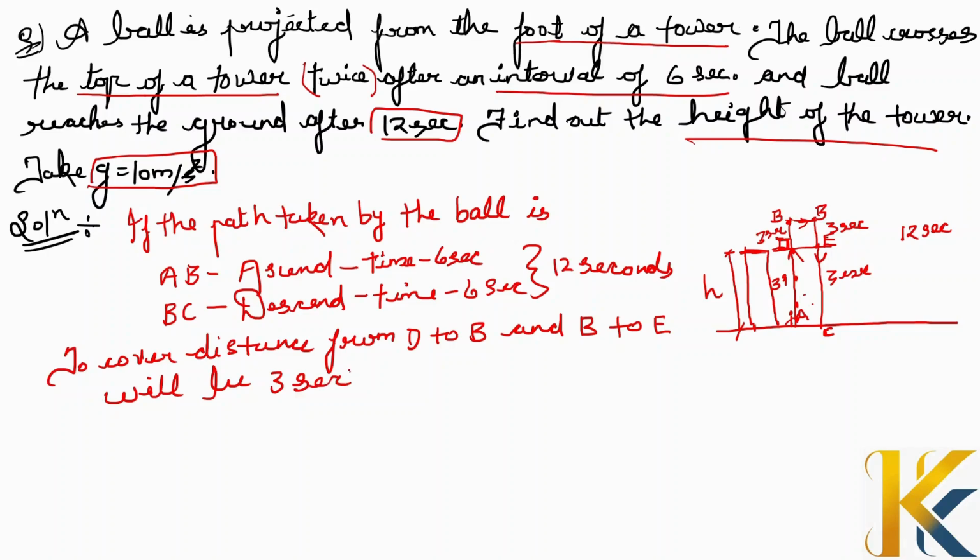That means it will be crossing the top of the tower twice, at point D and at point E, and the time interval is 6 seconds. That is why we had distributed equally. D to B 3 seconds and B to A also 3 seconds.